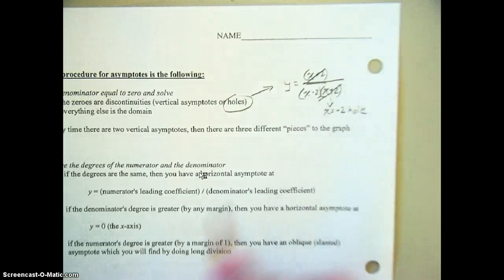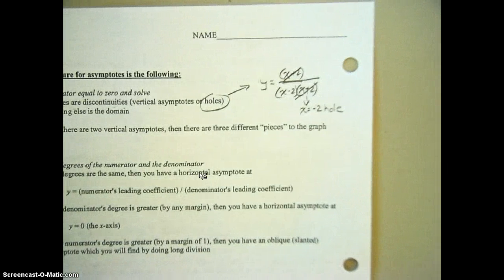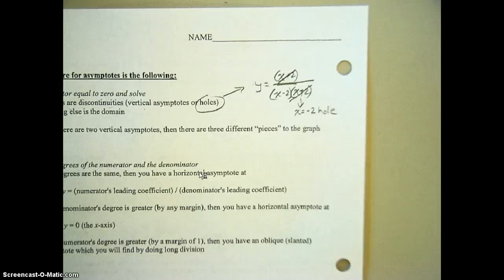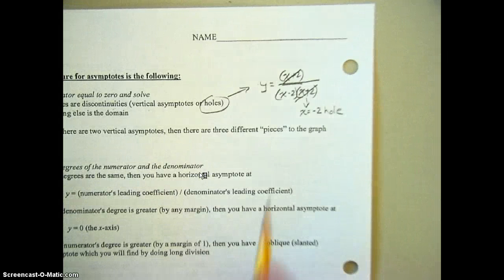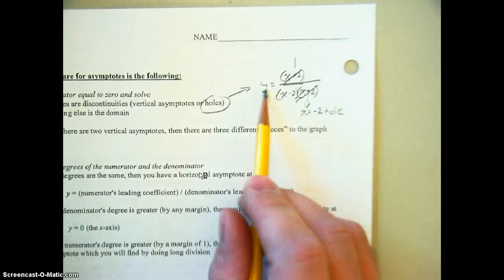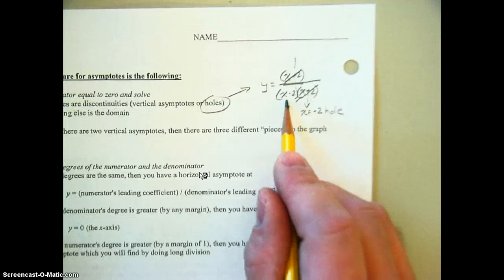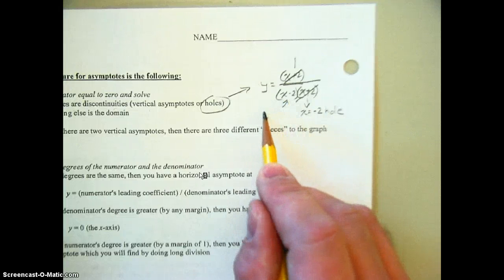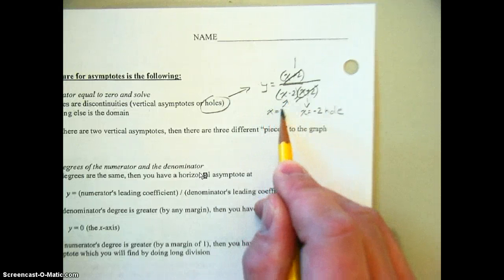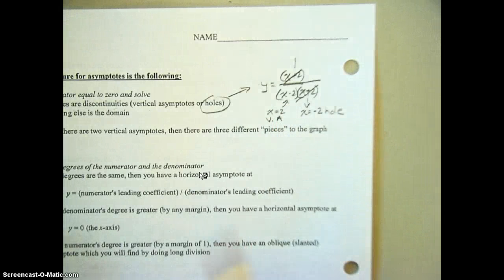It's been removed. It's a removable discontinuity. Okay, what do you have on top? 1. So our new function would be 1 over x minus 2. Okay, with a hole at negative 2. And this would be our vertical asymptote at x equals 2. Okay?